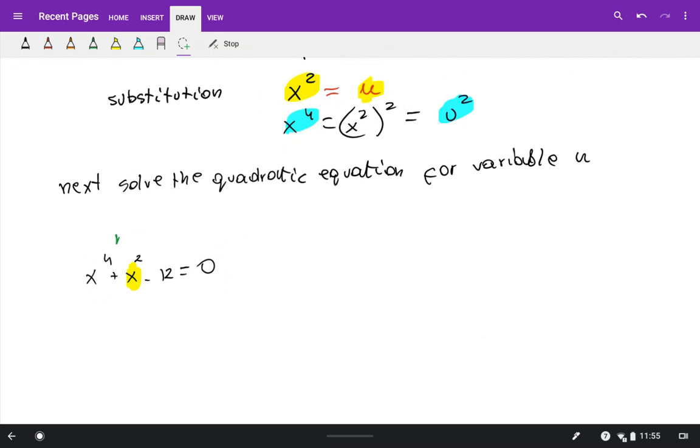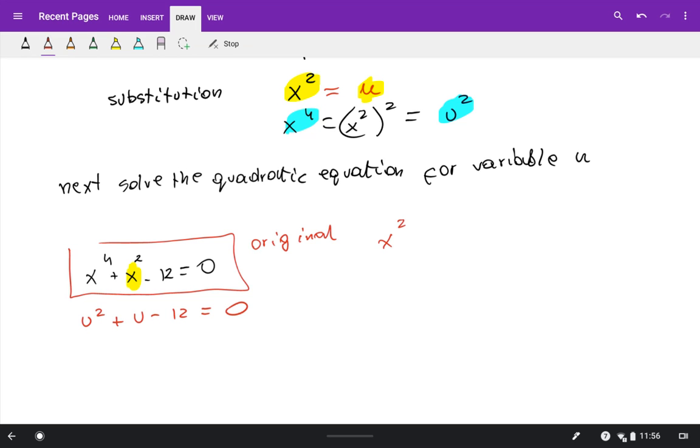So x to the power of 4 right now is u to a second power. x squared is u, minus 12 equals 0. So we have an equivalent quadratic equation, which is equivalent to our original equation. This is the original. So again, we make x squared equal u, and we substitute x to the power of 4 with u squared.